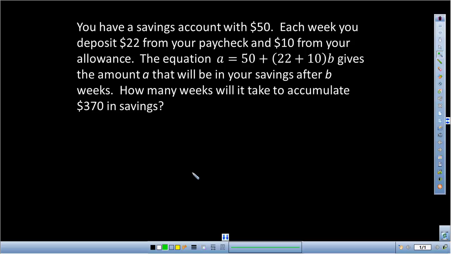Well, the first thing that we can do in this situation is write the equation with the $370 in the equation.